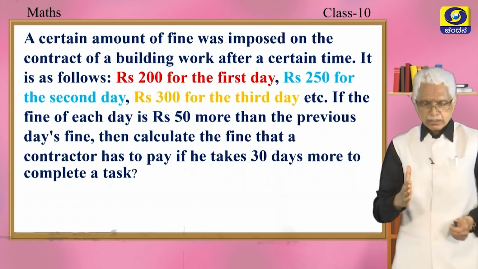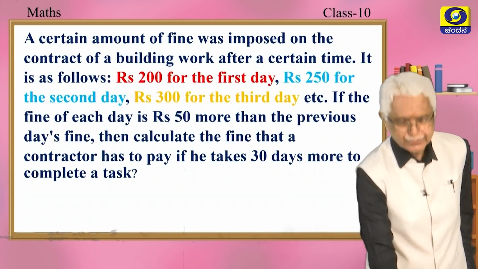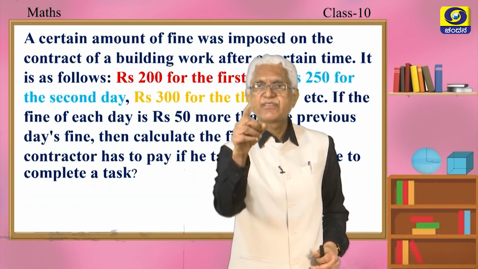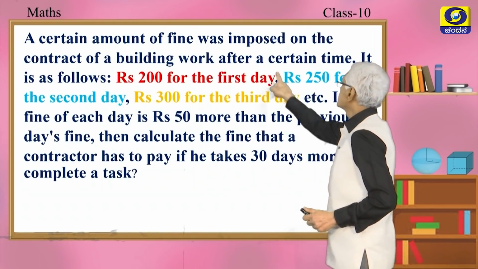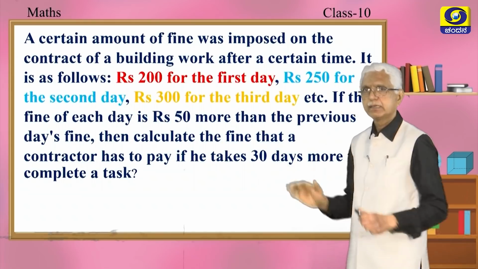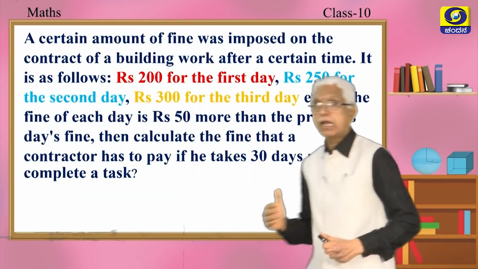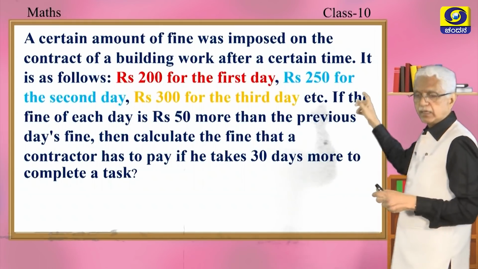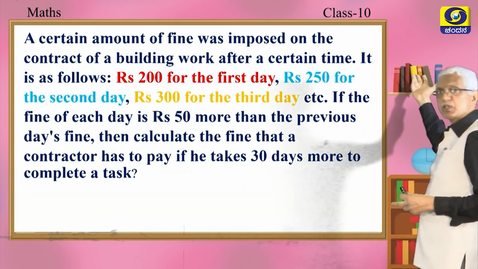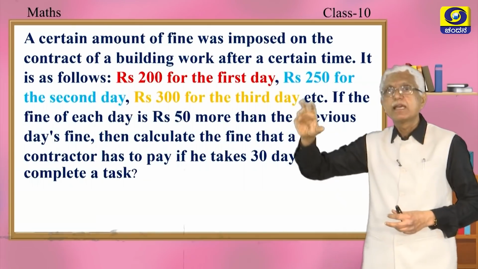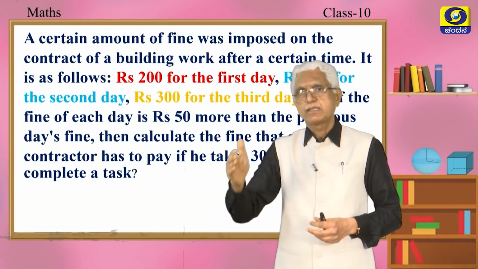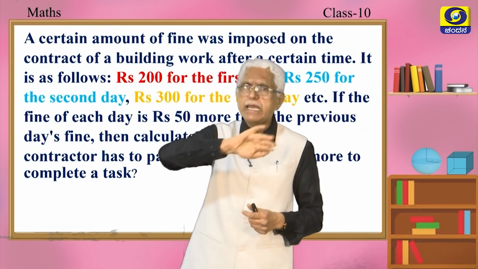The work was to be completed by today, no fine. I took one extra day, what is the fine I have to pay? 200. I took another extra day, how much fine do I have to give? 50 rupees more than the first day, 250. Third day, 50 rupees more, 300. Fourth day, 50 rupees more, 350. 200, 250, 300, 350, and so on, each day.